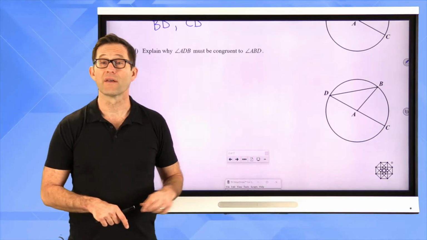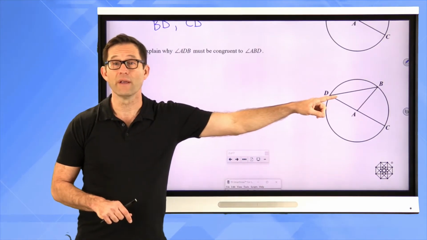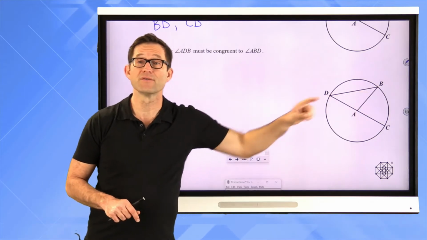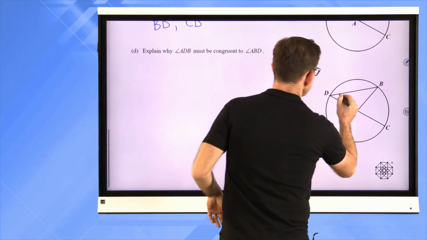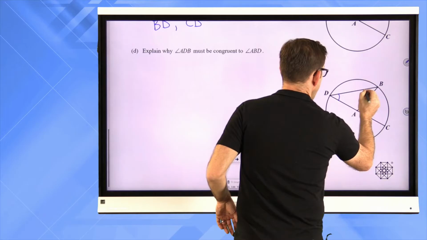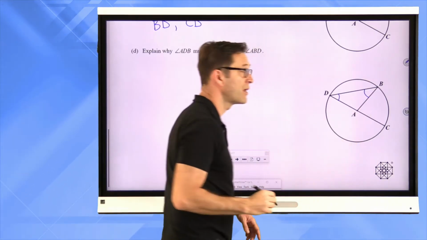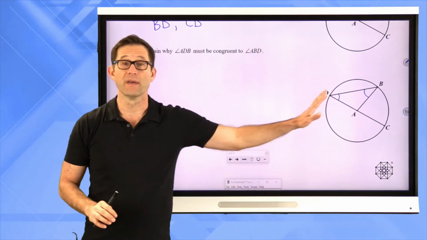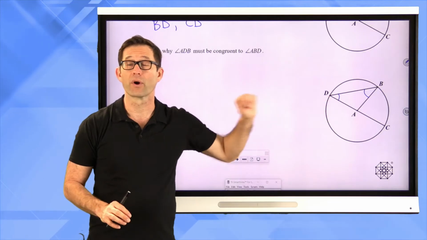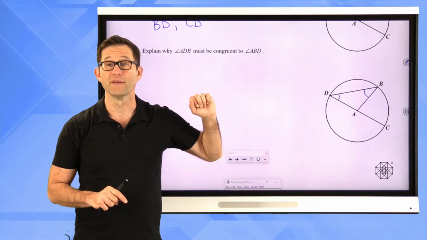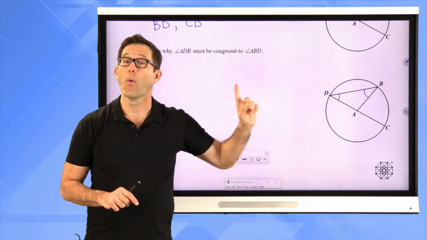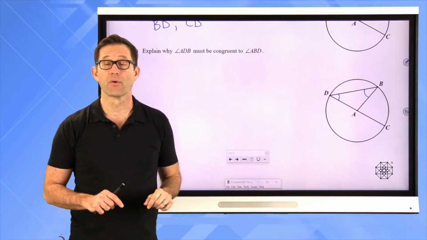All right, well, let's take a look at them. Angle ADB is right here, and angle ABD is right there. Let me actually mark them as congruent. That's what we're trying to explain, but that might help us understand why. Now, this is actually a very important problem for what we're going to be doing in the future in this unit. Now, why must those two angles be congruent?